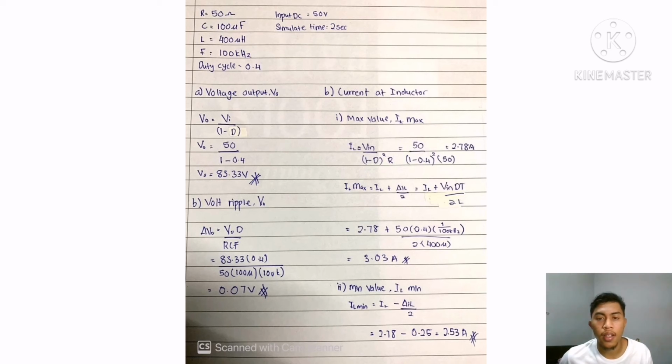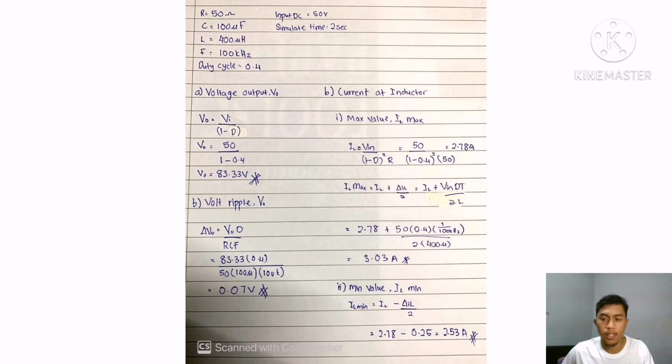After that, we have to find the current at inductor. In inductor, we have two values, which are maximum value and minimum value. In order to find these two values, we have to find inductor current first. The formula is V input over 1 minus duty cycle to the power of 2 multiplied by resistor. So the value is 2.78 ampere.